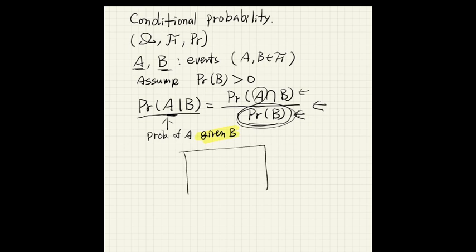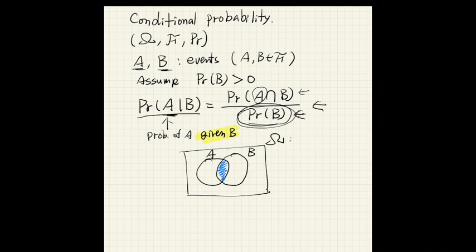So if we have this sample space omega, this is the universe. It contains everything we want to know. And here's event A and event B. And so A intersect B is this part.